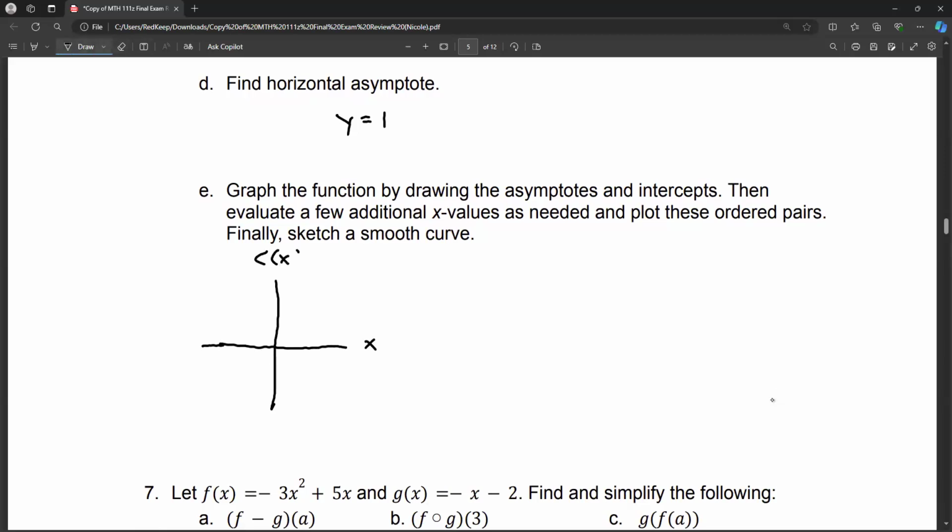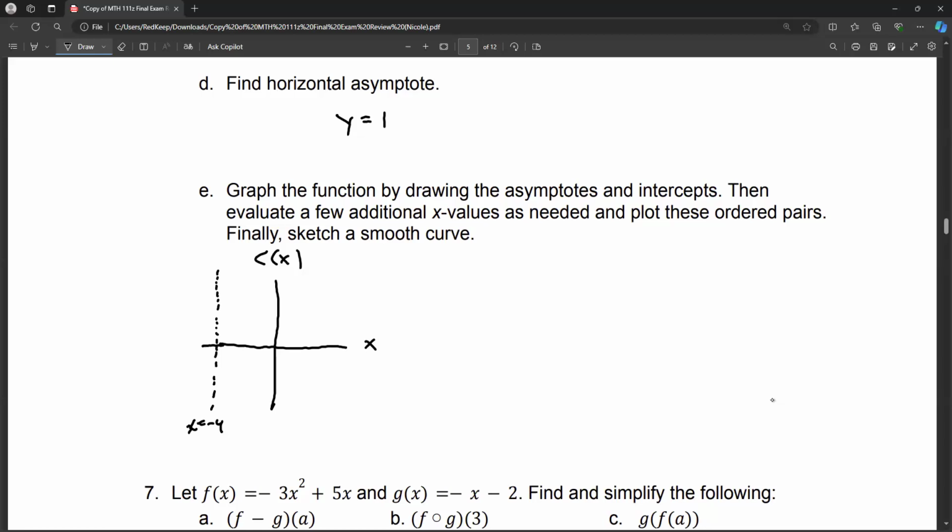C of x. Okay, so they say draw the asymptotes and the intercepts. We had a vertical asymptote at x equaling -4. So I'm going to choose this to be my -4 out here, and I'll label it x equaling -4.